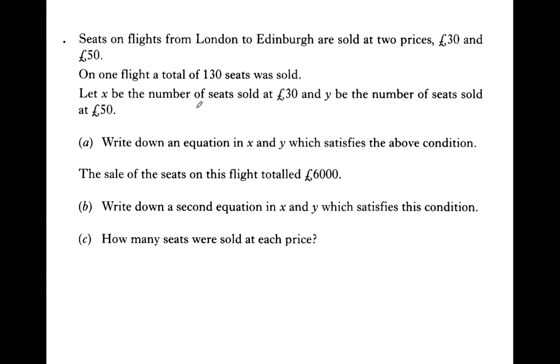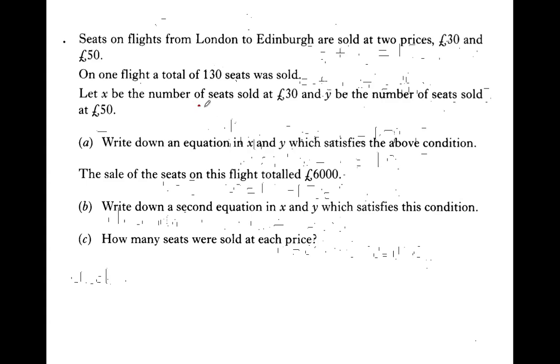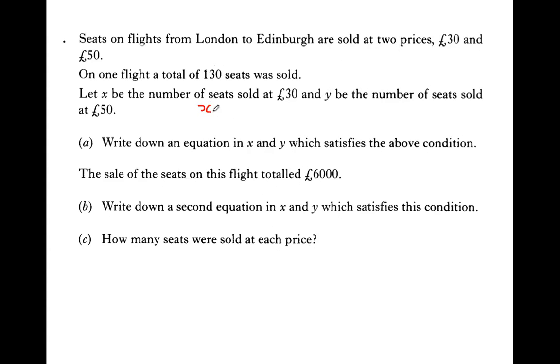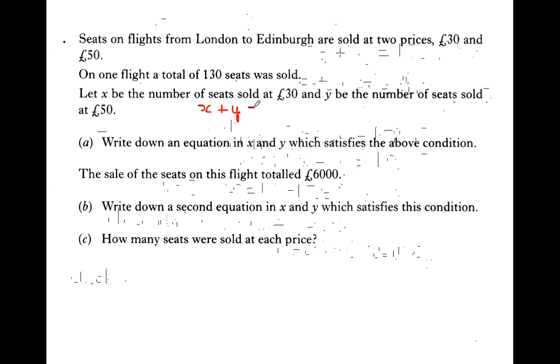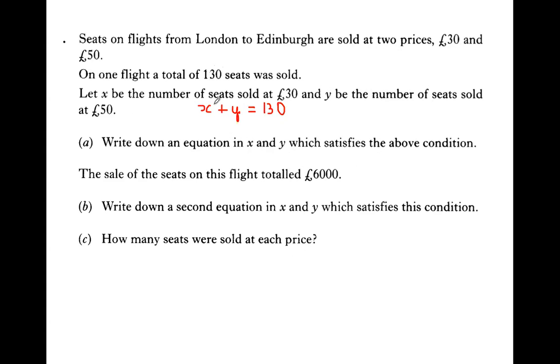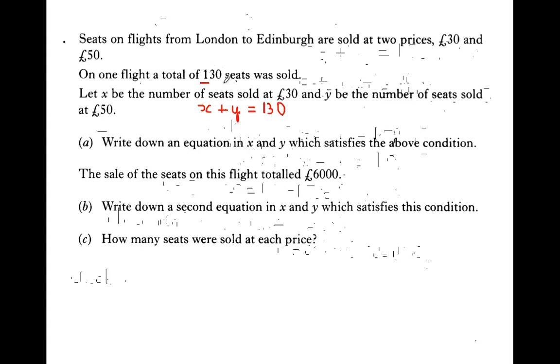So you've got X plus Y equals 130, sorry, 130. That's the total number of seats. That's the first one that we can write. X number of seats, Y number of seats, 130 in total.